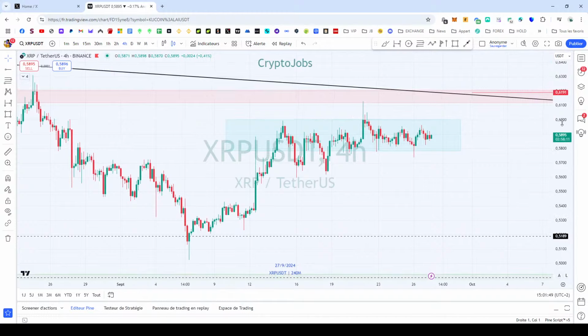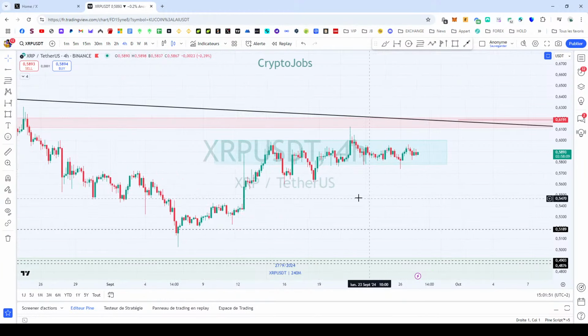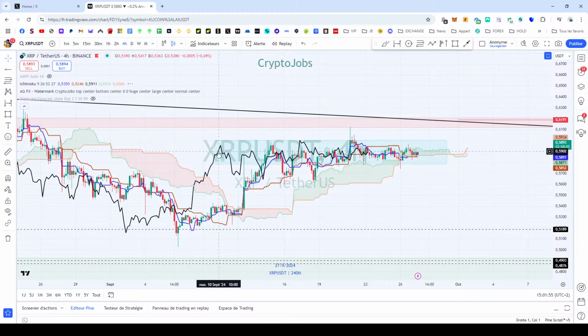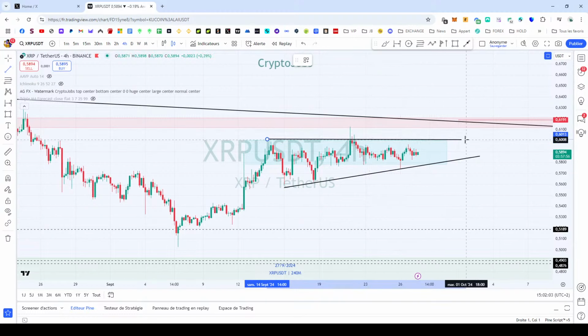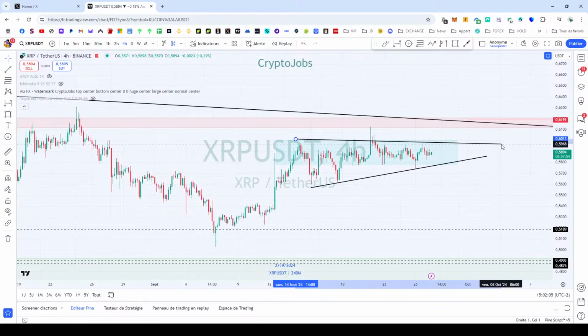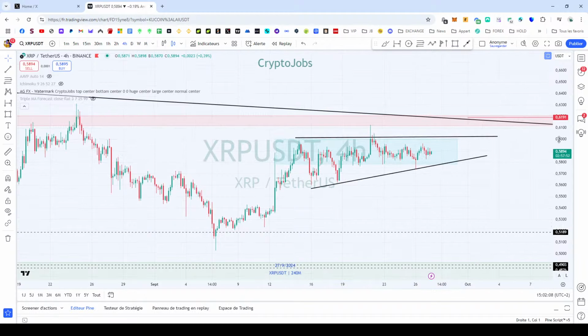So you will have time to exit if it's the case, because we'll know regarding the news. As you can see, the price looks pretty neutral. It can be a bullish accumulation, maybe anticipating another bullish move.